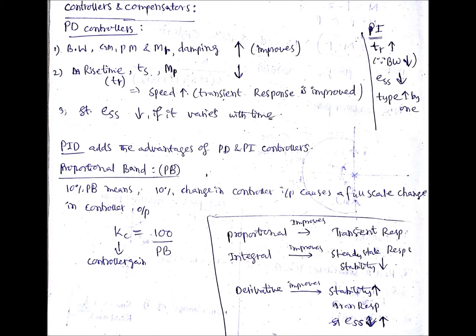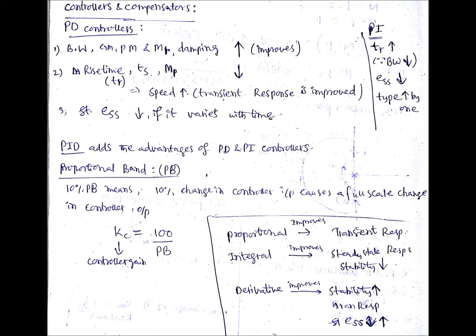Then coming to the most practically used controller, the PID controller, it is going to add the advantages of both PD and PI controllers. That's why this is preferred in practice.